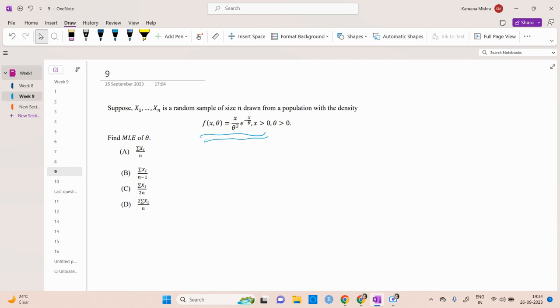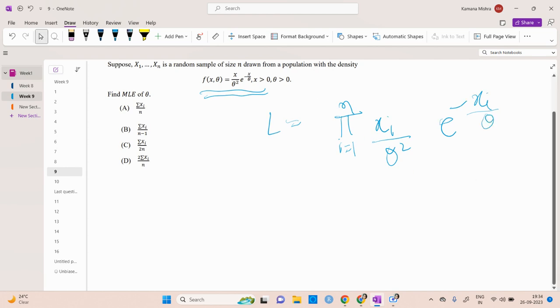So what we have is the PDF here. Firstly, we find the likelihood function. Now to find the likelihood function L, we do the multiplication over i equal to 1 up to n of 1 divided by θ square e to the power minus xi by θ, for x greater than 0, θ greater than 0.